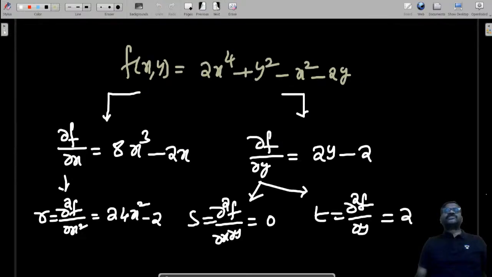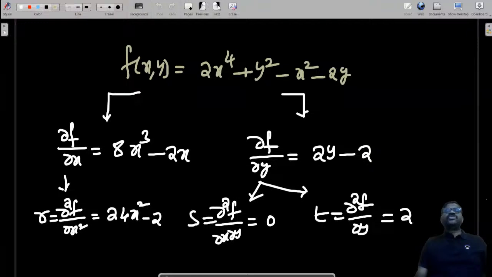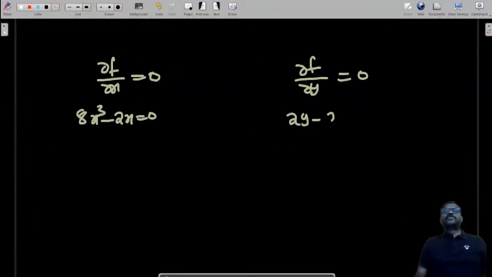When you equate del f by del x to 0 and del f by del y to 0: 8x cube minus 2x equal to 0, and 2y minus 2 equal to 0. 2x of 4x square minus 1 equal to 0.